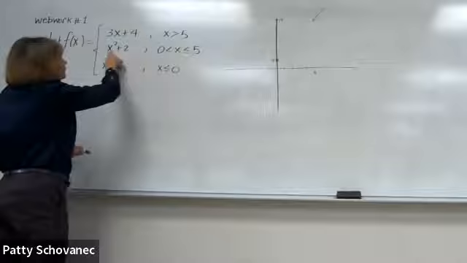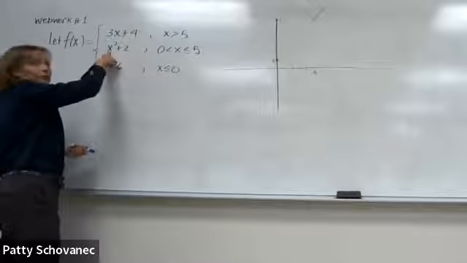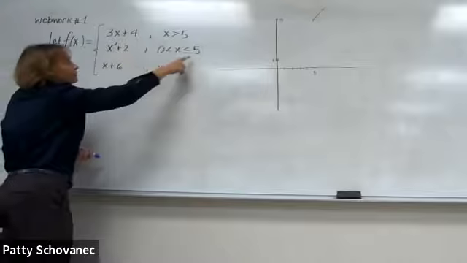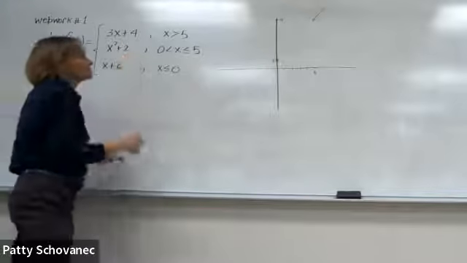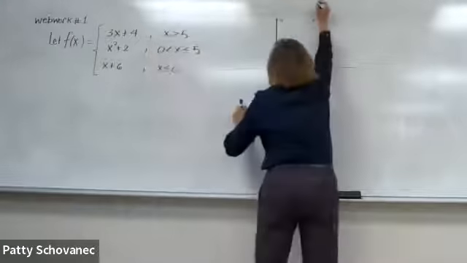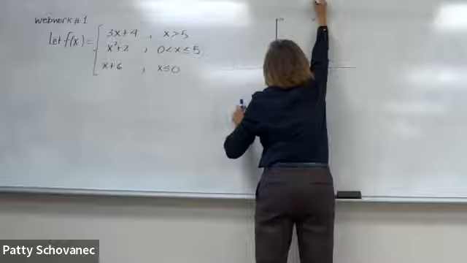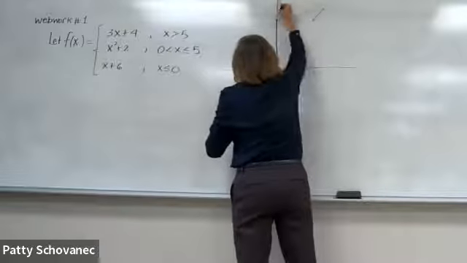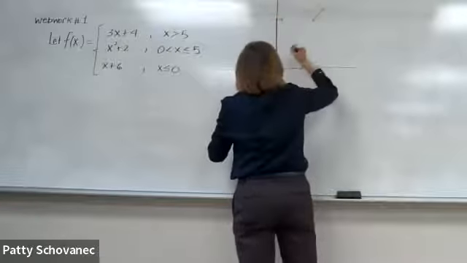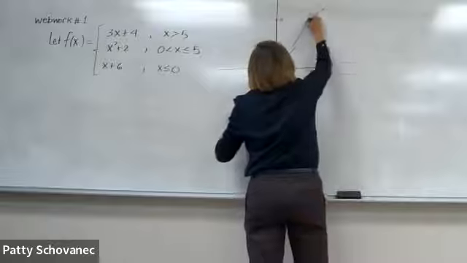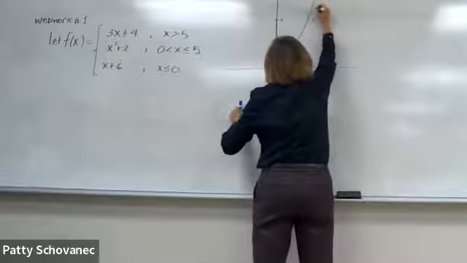So let's put a 5 in for x. 5 squared plus 2 is 27. So the ordered pair 5, 27 is on this graph. If that's 9, let's put 5, 27 right here, and draw that parabola. So it makes a jump right here.